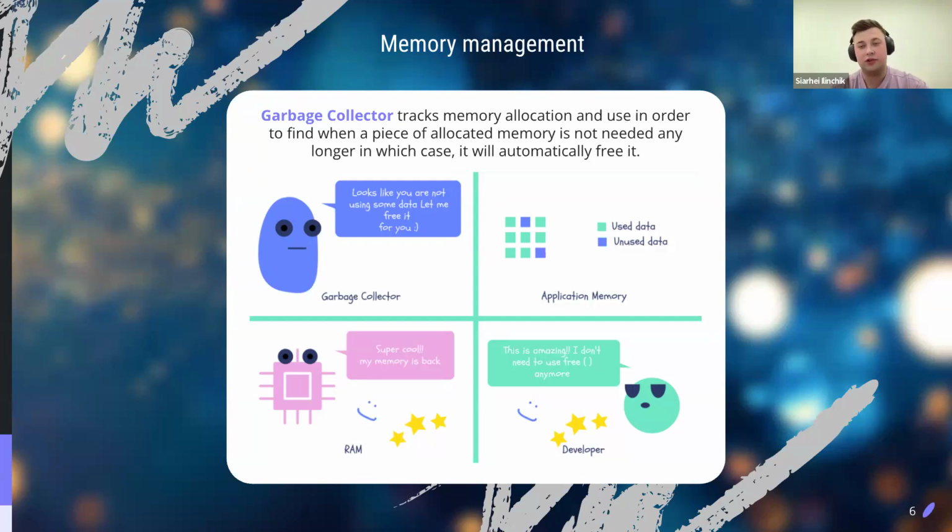Then you execute the function, you actively use those variables and data structures, and when the function execution is finished, basically when the first return word is executed, then you no longer need those variables, so this memory can be freed up. So basically, that's the sole purpose of the garbage collector, to get rid of things you are not using anymore.